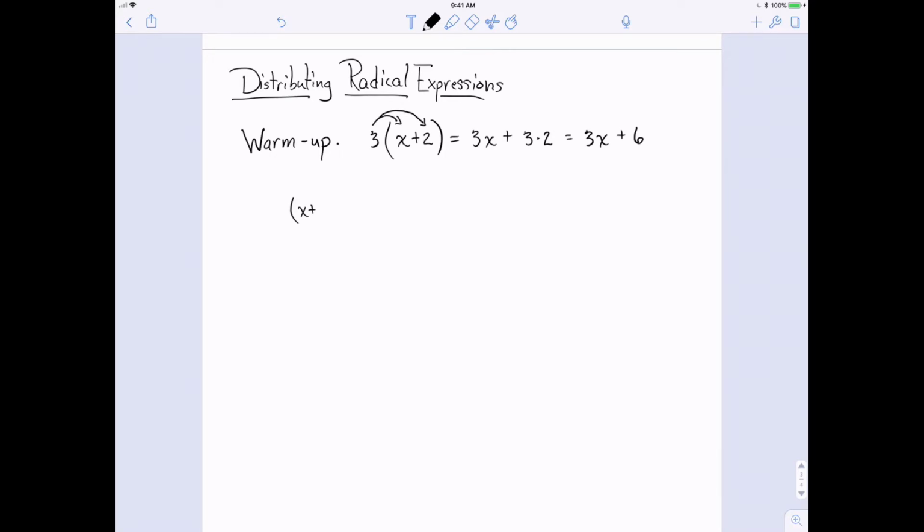How about x plus 3 times x plus 2? Now I distribute the x through the x plus 2. Or let me go back for a second. I get an x times an x, and then I get plus a 2 times an x.